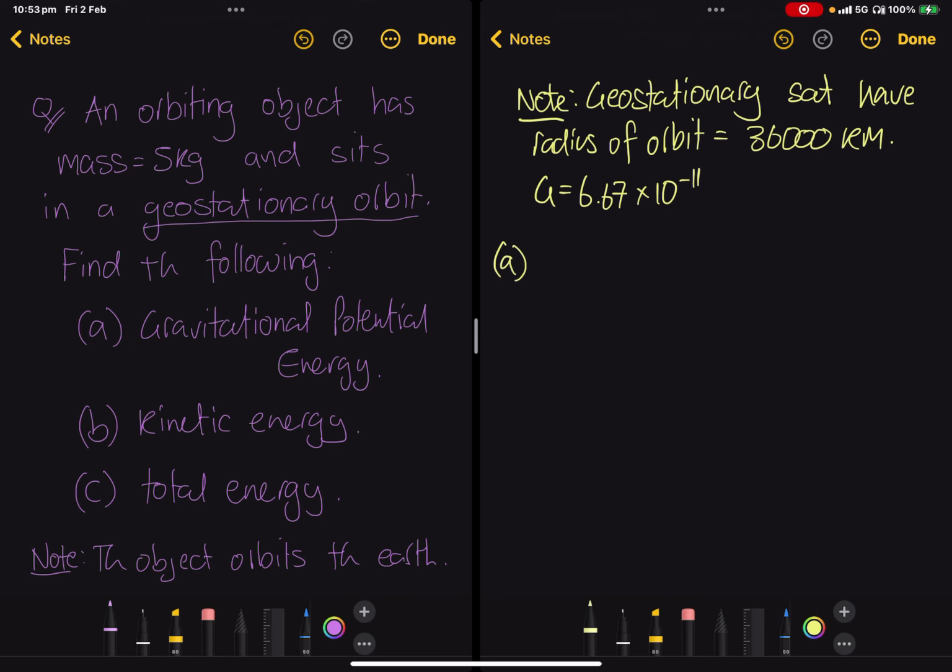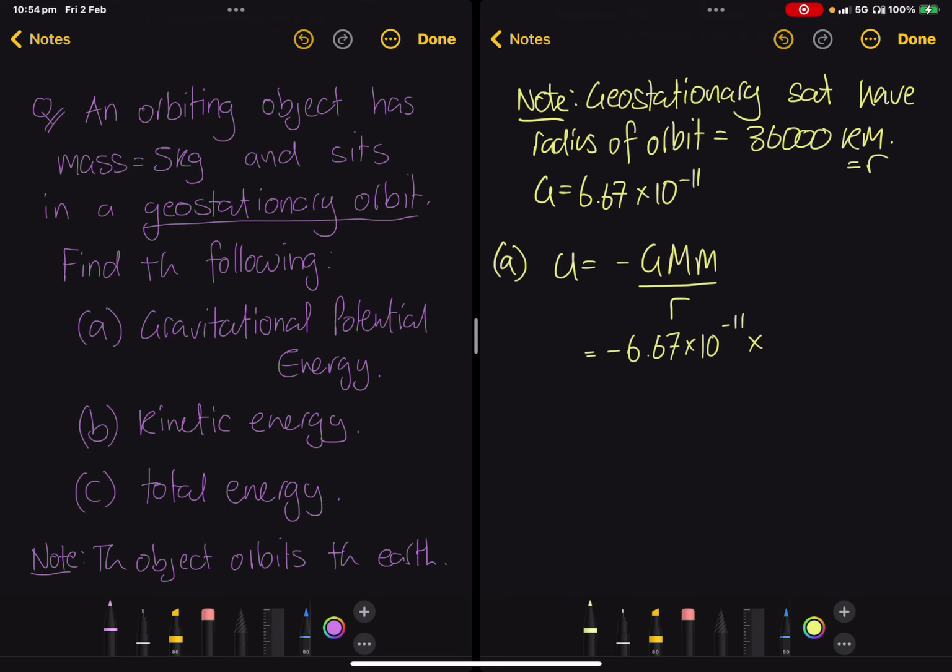For part A, the gravitational potential energy, our formula is U is equal to minus G, mass of the larger object times mass of the smaller object over the distance. So R in this case is the radius of orbit. If we plug everything in, we get minus 6.67 times 10 to the minus 11 times the mass of the Earth.